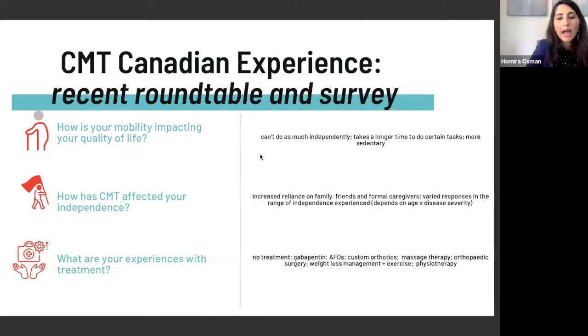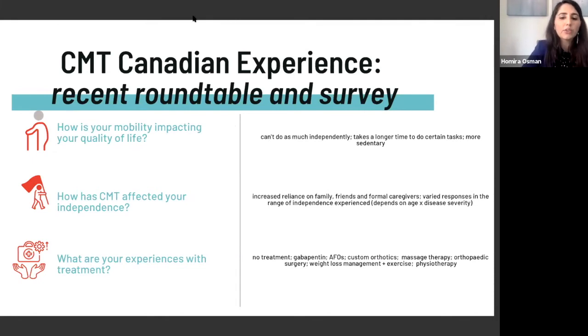The question about how is your mobility impacting your quality of life? The number one theme that came from this is many responded that they can't do as much independently, or it takes them a longer time to do certain tasks, or they find that they're more sedentary, which we can imagine with COVID-19 and the pandemic and keeping safe at home, that might even be heightened. We had asked, how has CMT impacted your independence?